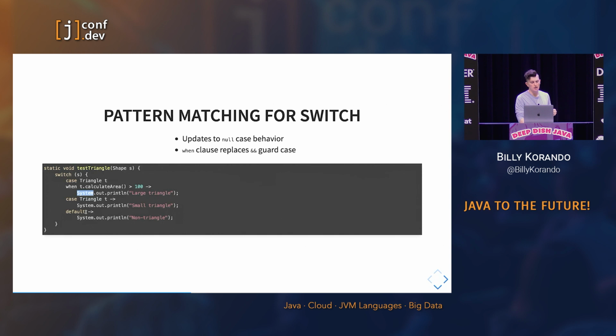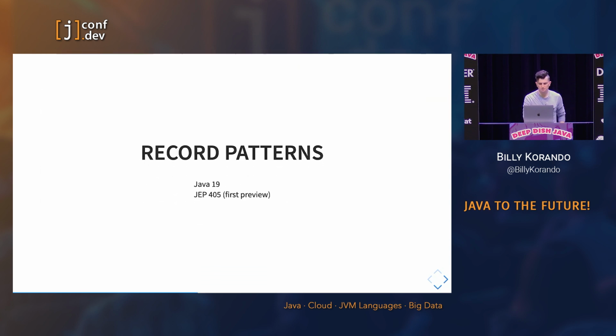And if I was to add another type to that sealed hierarchy, then I would get a compiler error saying, hey, this switch is no longer exhaustive. So that's an example of how code becomes safer with some of these changes being introduced in Amber.